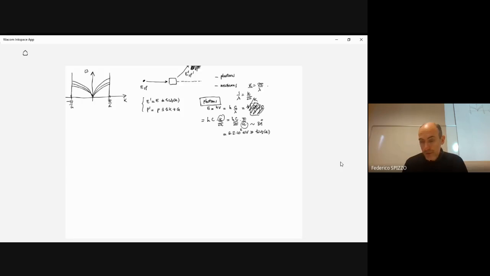So we have an experimental problem, and due to that, photons are not in general the main probes used to interact with phonons.